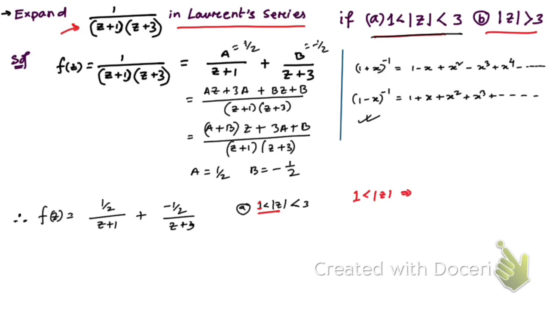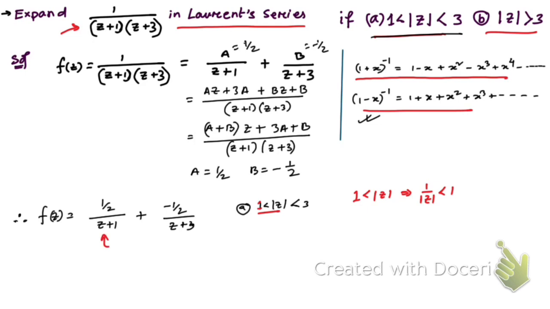So then we can say that 1 by mod z is less than 1, right? So we have to make it less than 1. So we are going to use this expression here in the denominator.